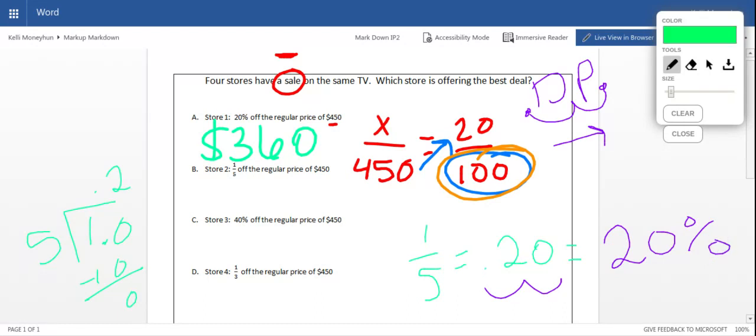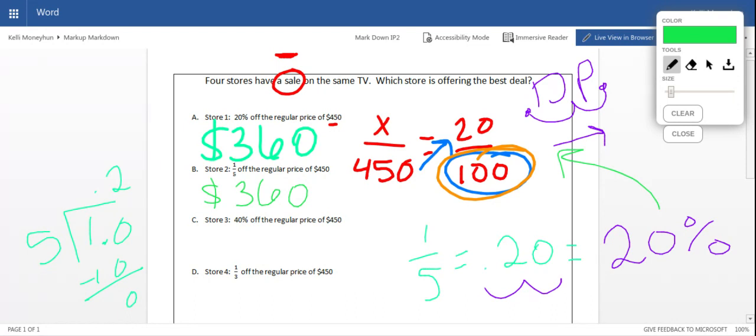Isn't that what we just did? Just curious, but I think we already have done this. So since we've already solved for 20% of 450, store 1 and store 2 have the same sale price. That's why that was good news.